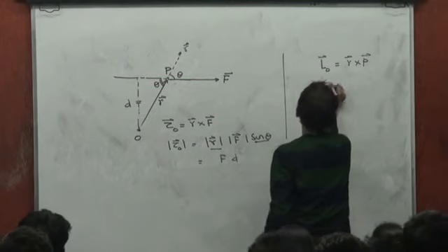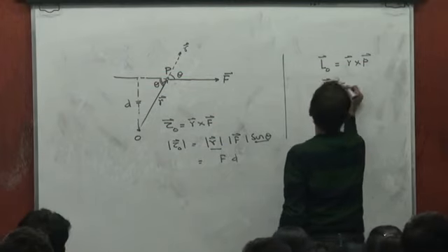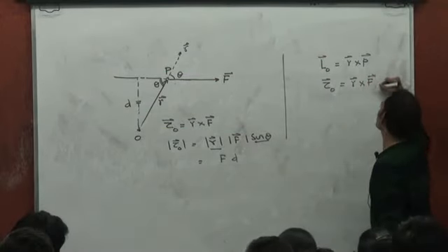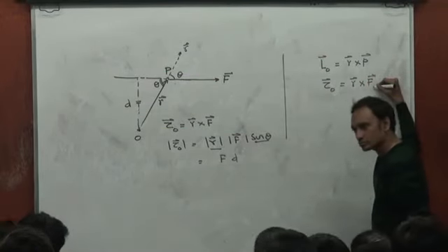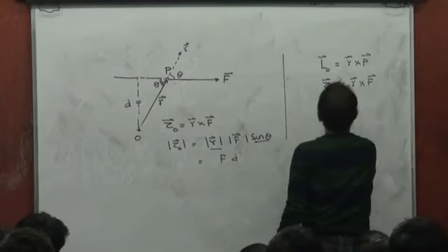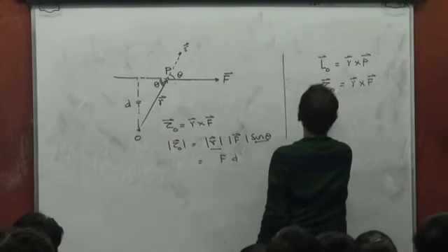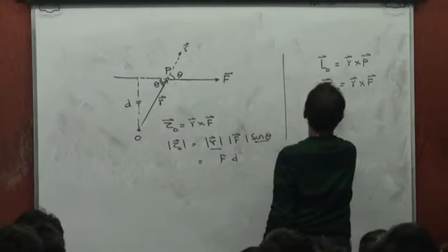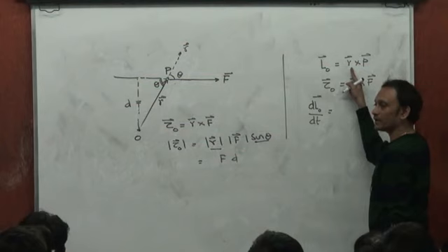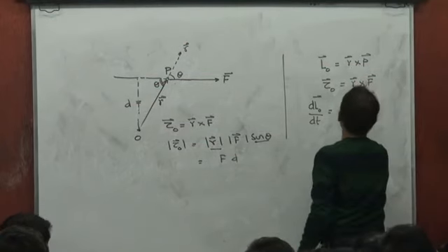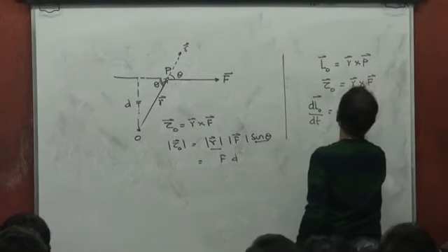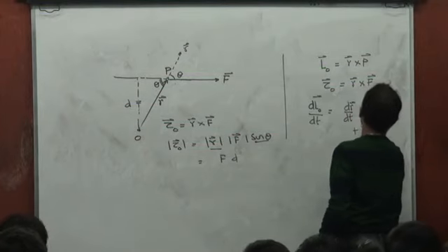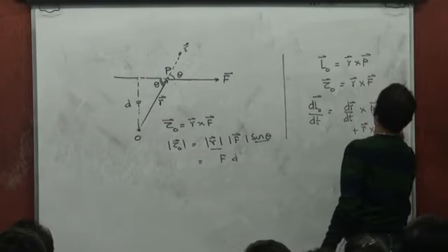The torque about O is R cross F. This is the angular momentum about O, this is the torque about O. Now, if I differentiate the angular momentum with respect to time, then I apply the product rule as follows: dr/dt cross P plus R cross dp/dt.